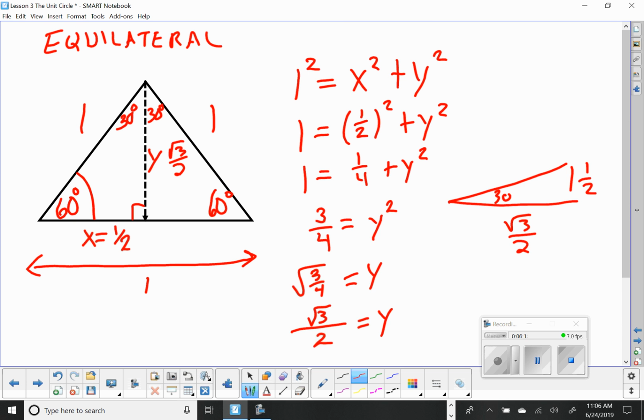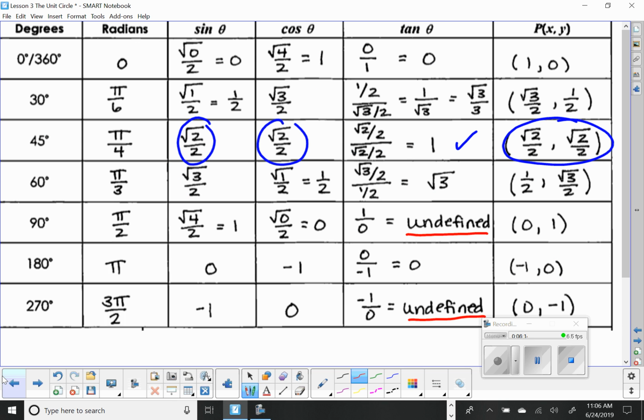So if we go back a couple of pages here, notice if it's 30, the y value is 1/2 and the x value is root 3 over 2. If it's a 60 degree, it's just the reverse with the root 3 over 2 and the 1/2. Okay, so here's this and this. Notice the x and the y's just swap places depending on whether you're looking at a 30 degree or a 60 degree.